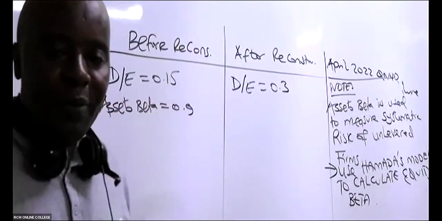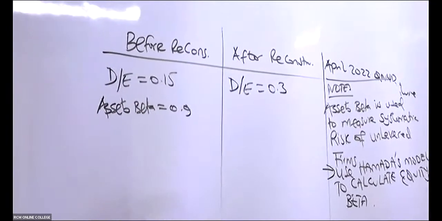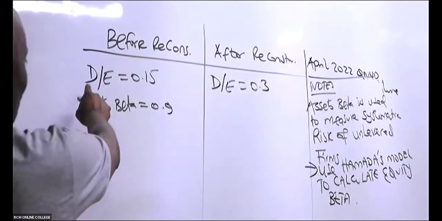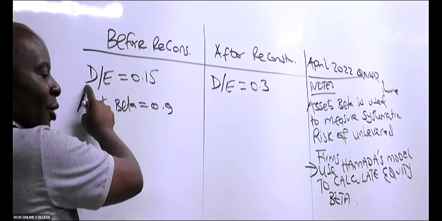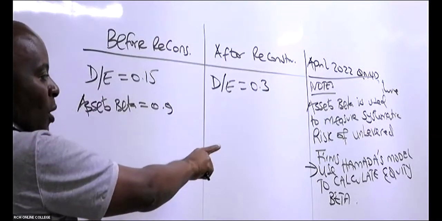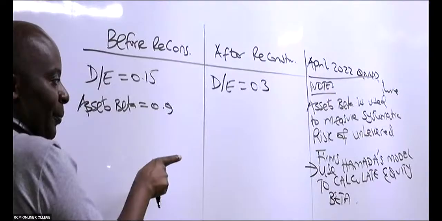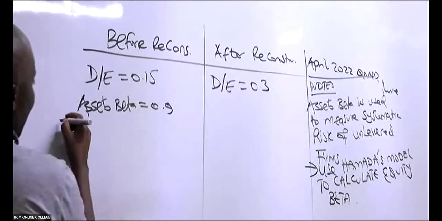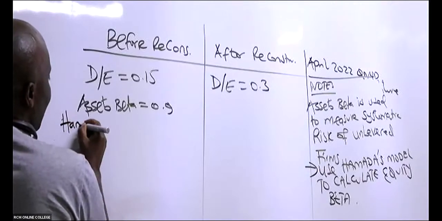Why do I want equity beta? I want equity beta simply because I can see that my company here has got debt. So equity beta is the one for organizations with debt. And how does this Hamada's model look like? This Hamada's model is interesting.